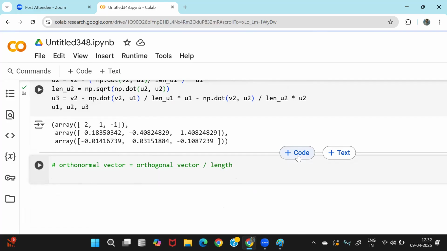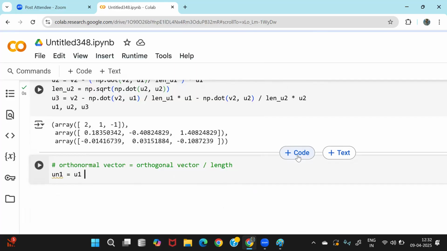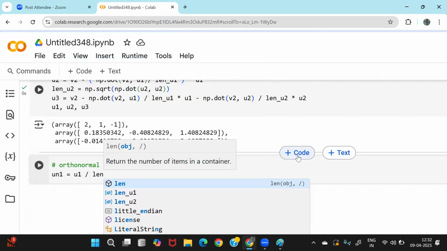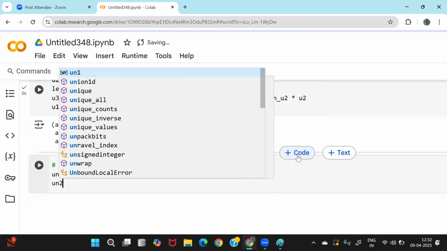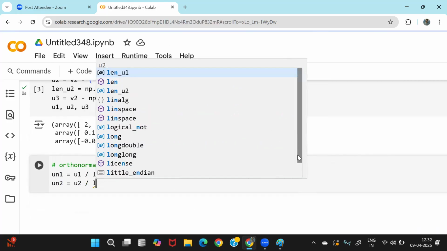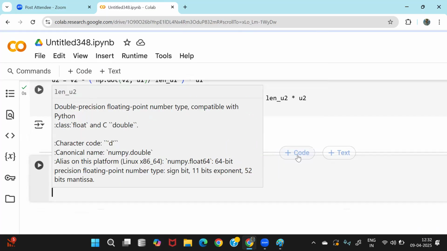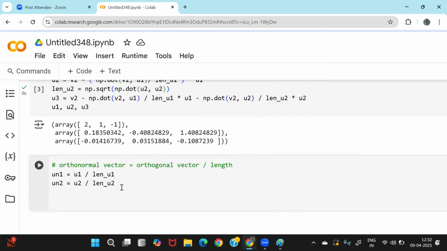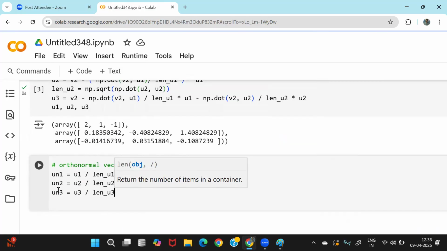Now, un1 is equal to u1 by length of u1. un2 is equal to u2 by length of u2. The third orthonormal vector is equal to u3 by length of u3.